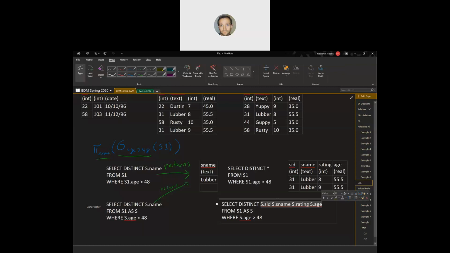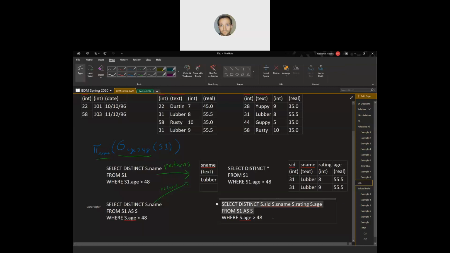Now, tables can change. So if this is a query that I've written, because I'm requesting the SID, the SName, the rating, and the age, then that should be important for things that follow this SQL statement. There's a reason why I wanted these 4 entries.